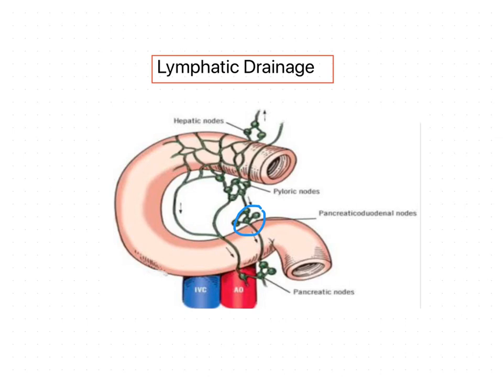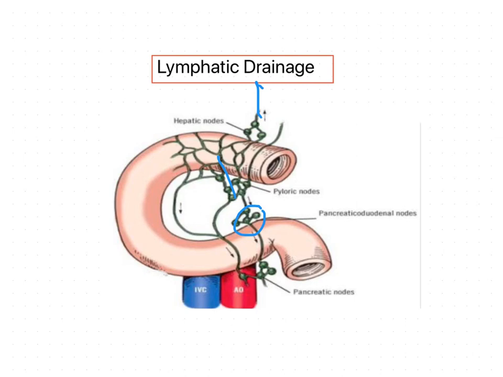From here the lymph passes partly to the hepatic nodes and through them to the celiac nodes, and partly to the mesenteric nodes, and ultimately via the intestinal lymph trunk into the cisterna chyli. So finally all these nodes drain into the cisterna chyli.